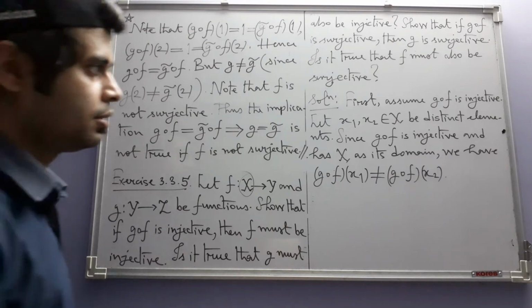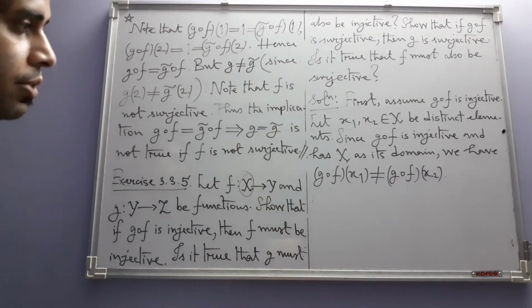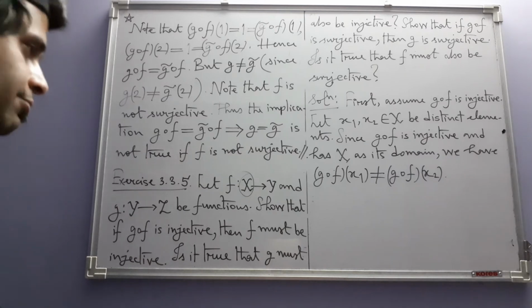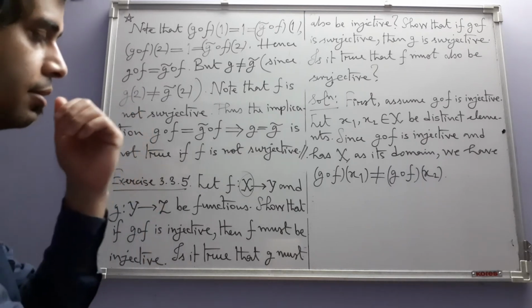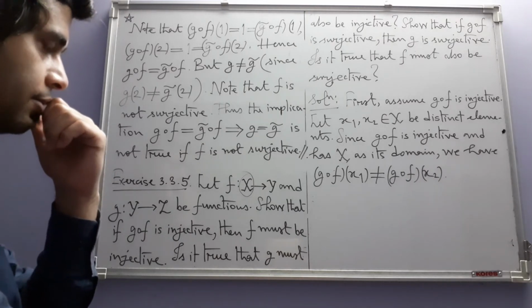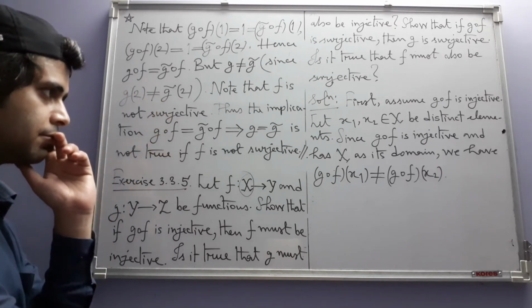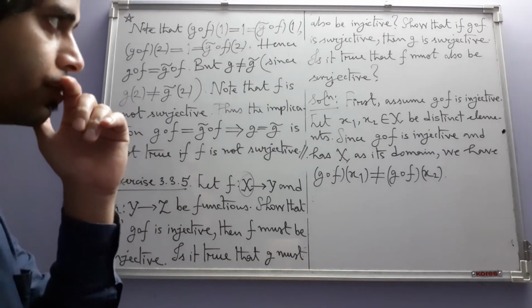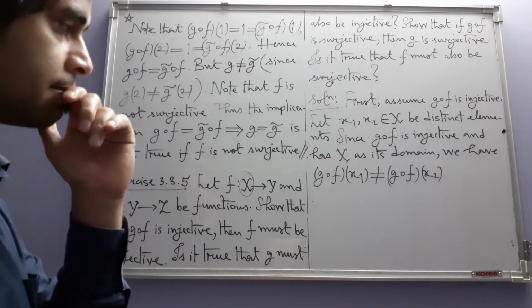Okay. Now we have to prove that f is injective, but how do I get rid of g? Now I think if we follow this argument, we won't get anywhere. I have to prove that f is injective.